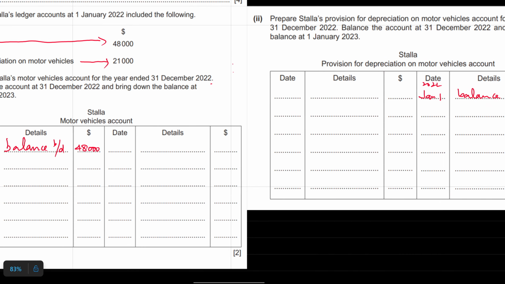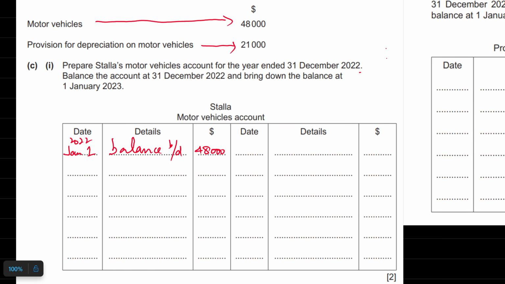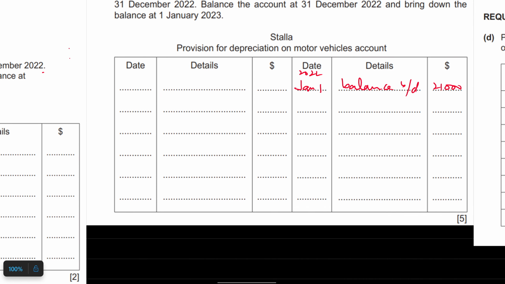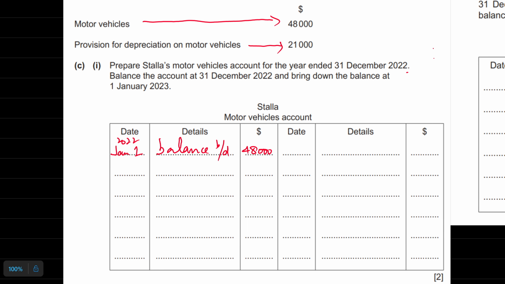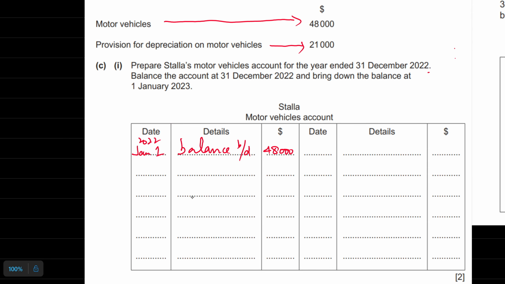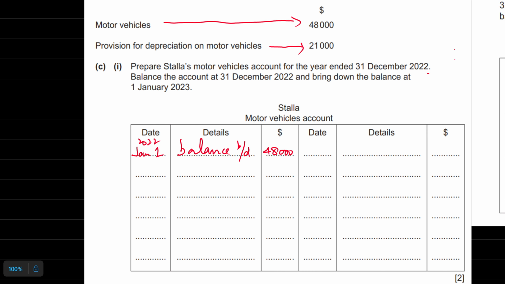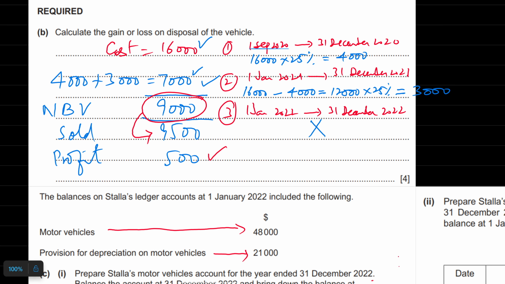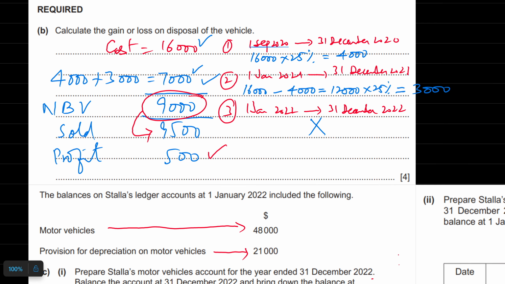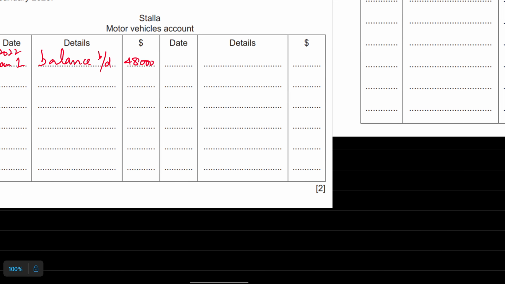So students, after recording balances, debit balance of a non-current asset and a credit balance of provision, if any asset is bought in the current year, that will be debited. Because no asset is bought in the current year, that's why we will not record any debit entry in this account. And we already know in B part that a vehicle was sold.